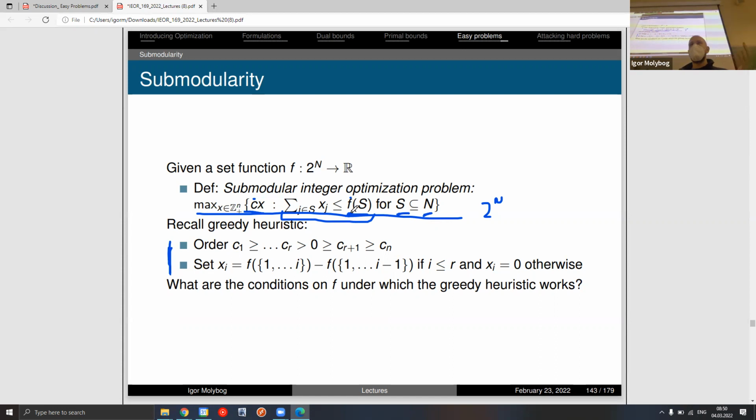So we can formulate a huge class of problems that are polynomial time solvable, because this greedy heuristic is very easy to implement, even though the problems contain an exponential number of constraints and generally could be extremely hard to solve. So let's take a look at this greedy heuristic. Any questions so far? Any questions regarding the problem?